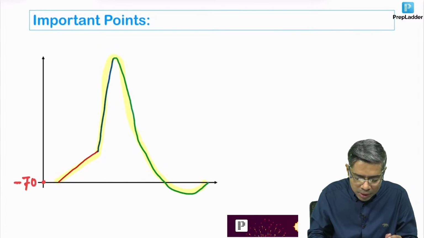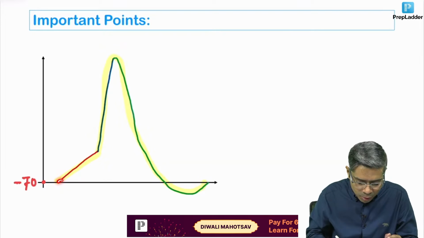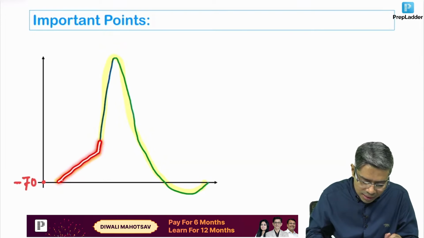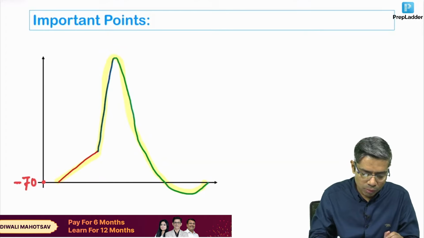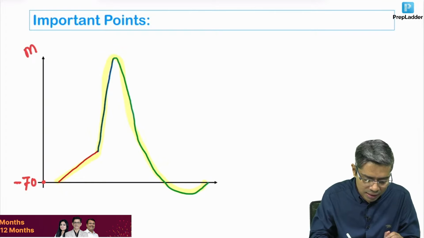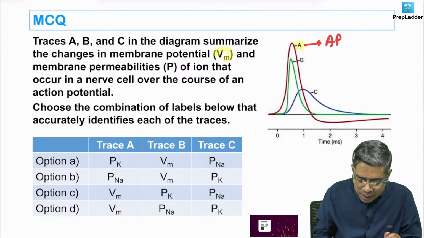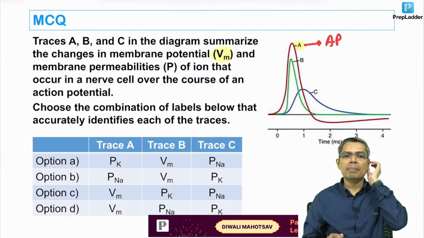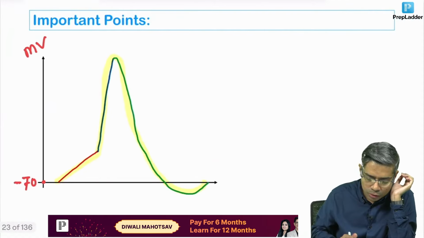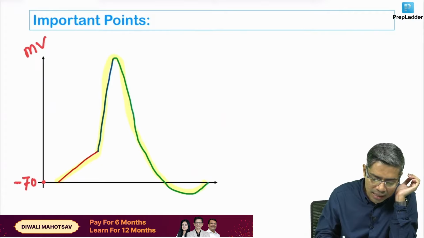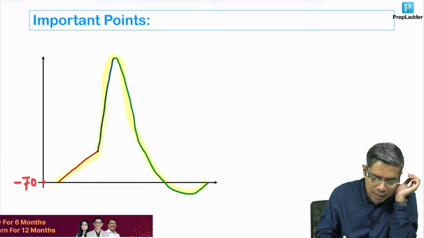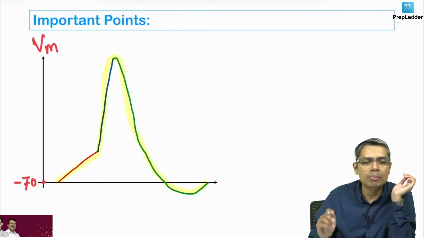So from this RMP, the membrane voltage is slowly rising and then suddenly the membrane voltage is jumping. So what is the y-axis? The y-axis is membrane voltage, and membrane voltage here is depicted by Vm. That is membrane potential, membrane voltage. So basically this y-axis is your Vm, membrane voltage.